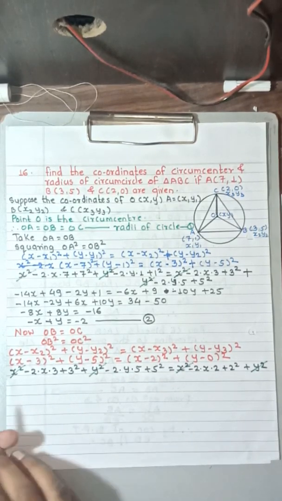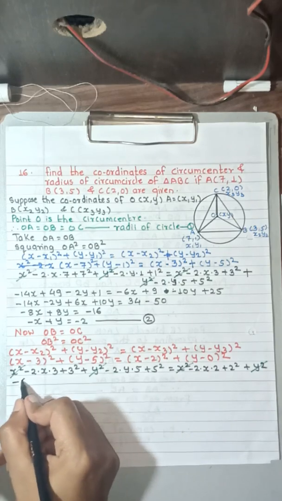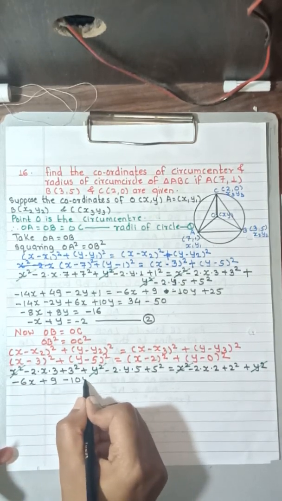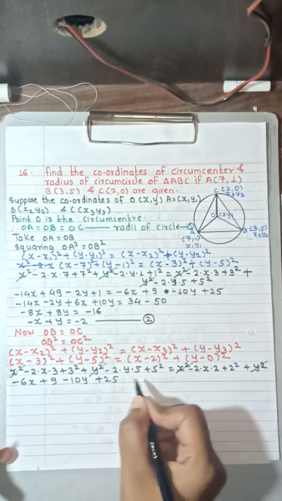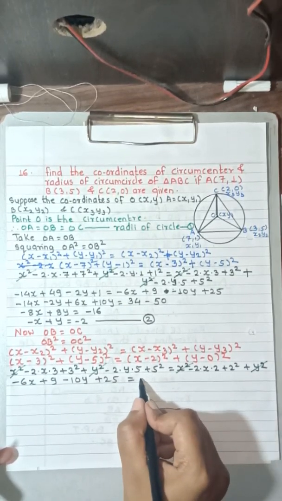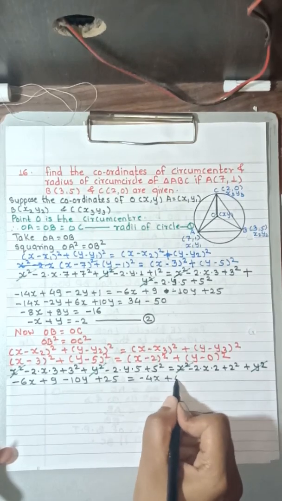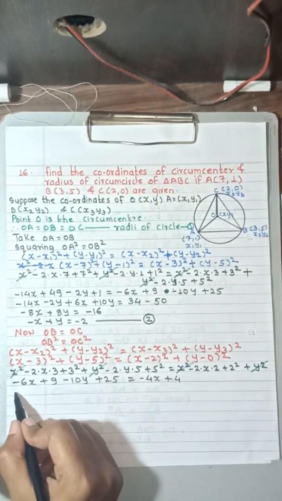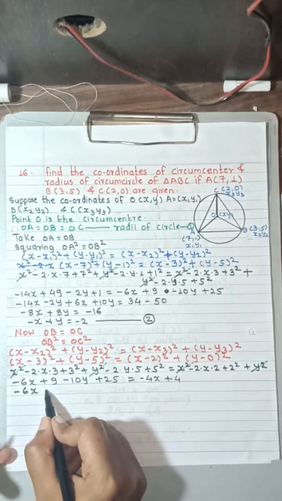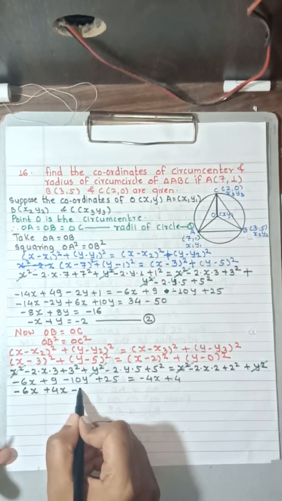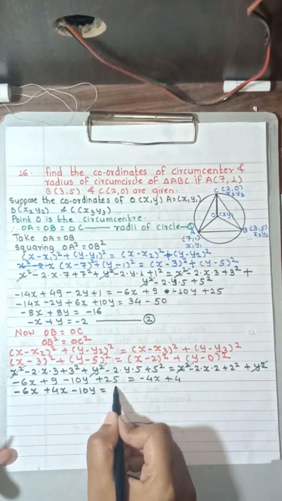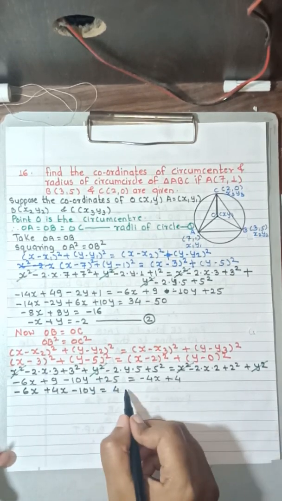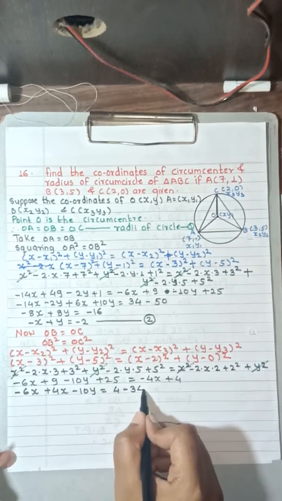Okay, now what you have here is minus 6x plus 9 minus 10y plus 25 is equal to minus 4x plus 4. Now we'll take the numbers to one side and alphabets to the other side. So minus 6x plus 4x minus 10y is equal to 4, now 9 plus 25, that is 34, this will be minus 34.